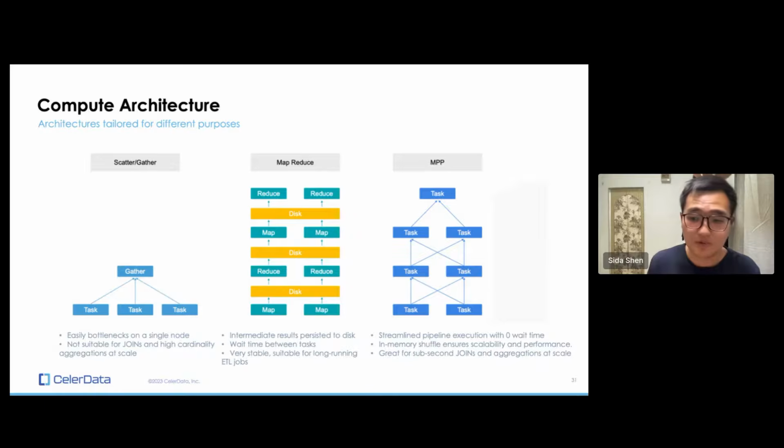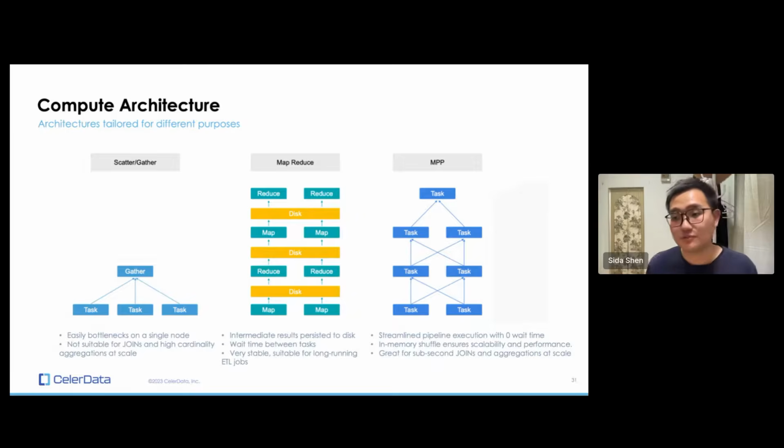It's very stable and very suitable for long-running ETL jobs, but just not ideal for low-latency queries, right? For this, you can take a look at Spark or the Databricks Photon engine. It follows this kind of compute architecture, right?